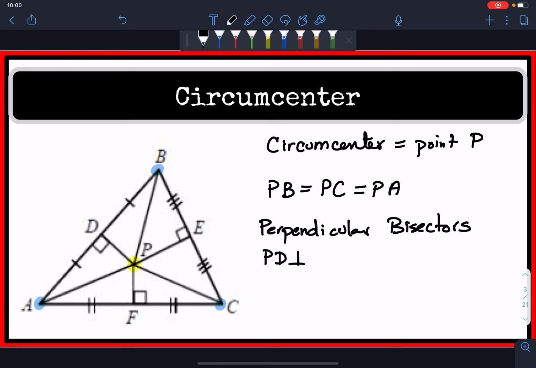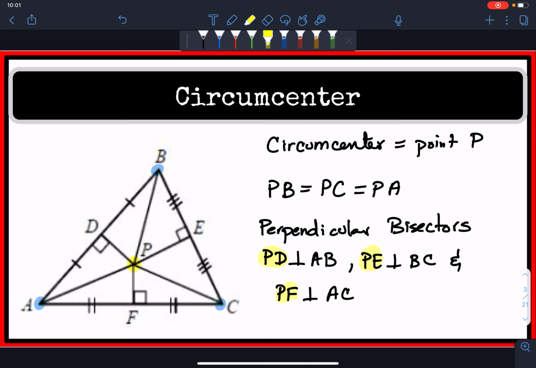PD is perpendicular to AB, PE is perpendicular to BC, and PF is perpendicular to the segment from point A to point C. So these are perpendicular bisectors. Now let's see how we can use the circumcenter to figure out side lengths and set up equations and all that other good stuff that we do.